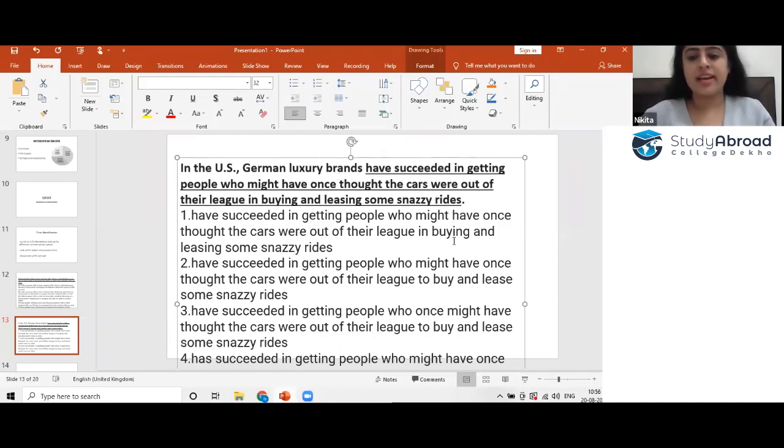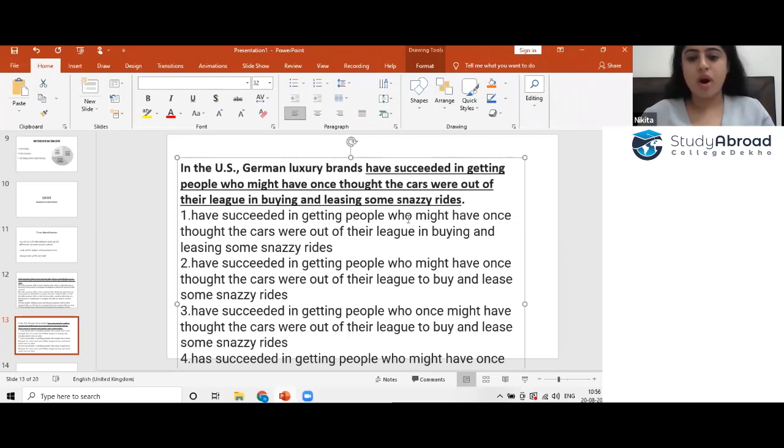The next change I see is in buying and leasing, to buy and lease, or to buy and lease. Definitely, on this basis we will eliminate the first option, because the continuous ing form is not making sense as per the tense we are dealing in. So now we are down to second and third.